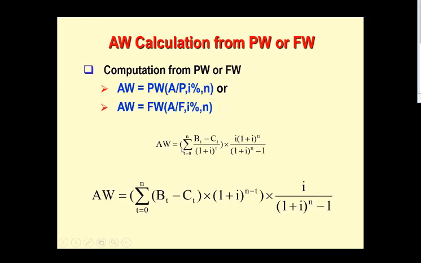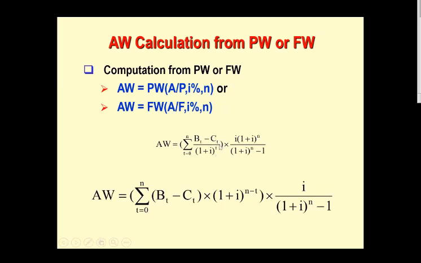Look at this. The formula in the brackets is the sum of Bt minus Ct divided by (1 plus i) to the power t, with t going from 0 to n. This is the present worth, NPV, net present value.